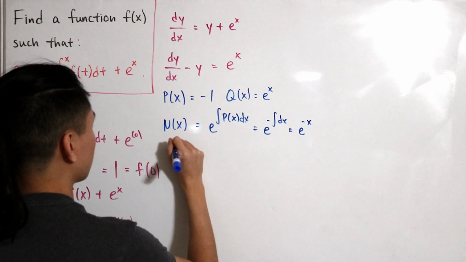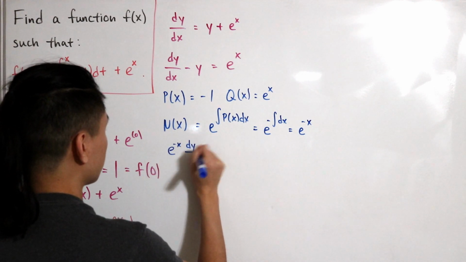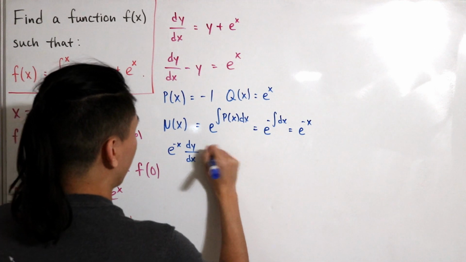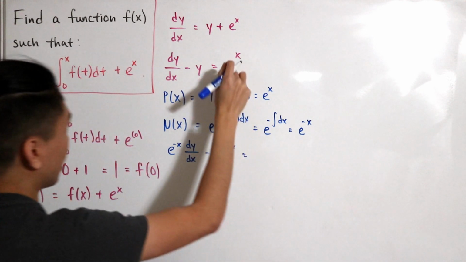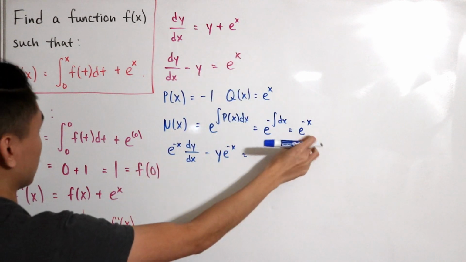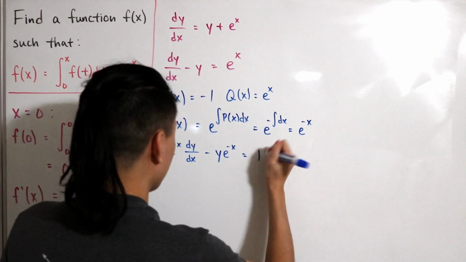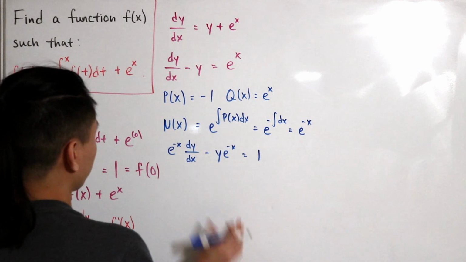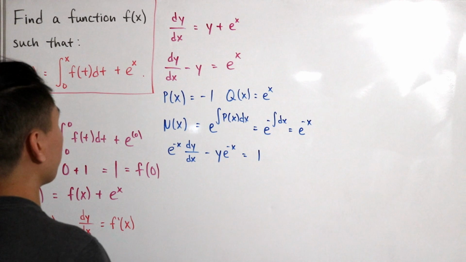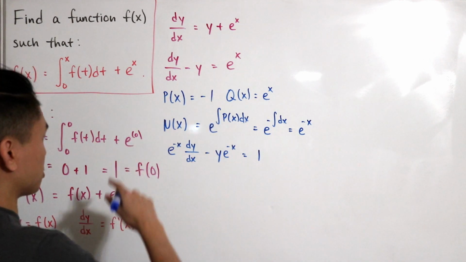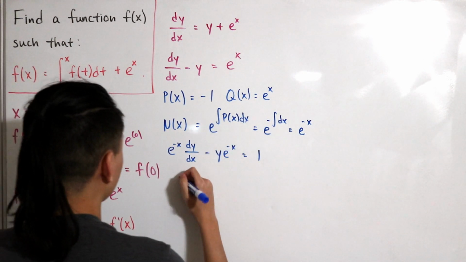So here we have e to the -x times dy/dx, then subtract y times e to the -x. Then multiply e to the power x with this, so this will just become 1. You notice that we can actually write this in the form of a product rule, going in reverse. And then we also want to take the integral of both sides.